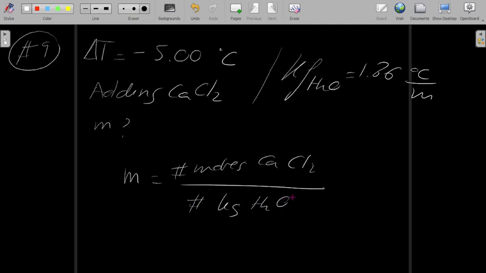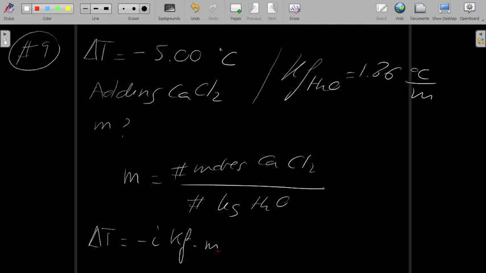Let me get my notes right here. See, what are they giving us? They give us these. What does that mean? What's ΔT? Write the formula first to see what you have and what you need.